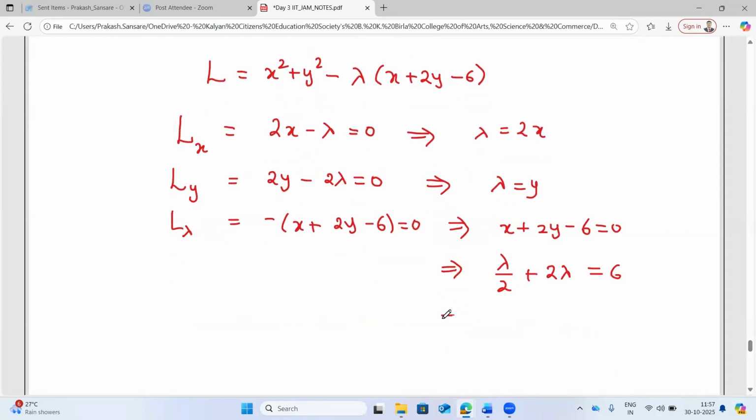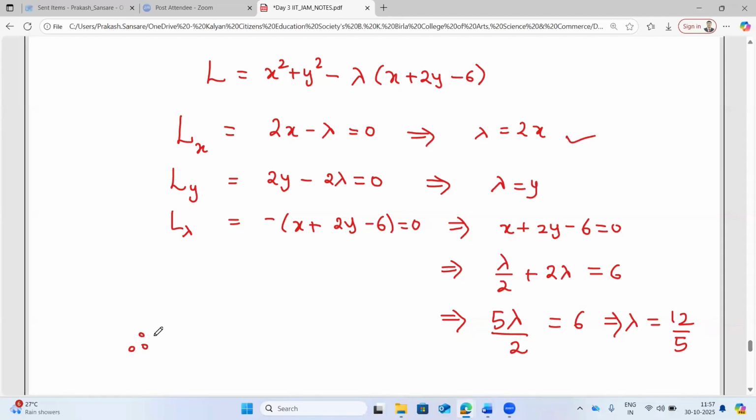This is basically lambda by 2 plus 2 lambda, which will be 5 lambda by 2 is equal to 6. So this would imply lambda is equal to 12 by 5. And once lambda is found, you can easily get x.